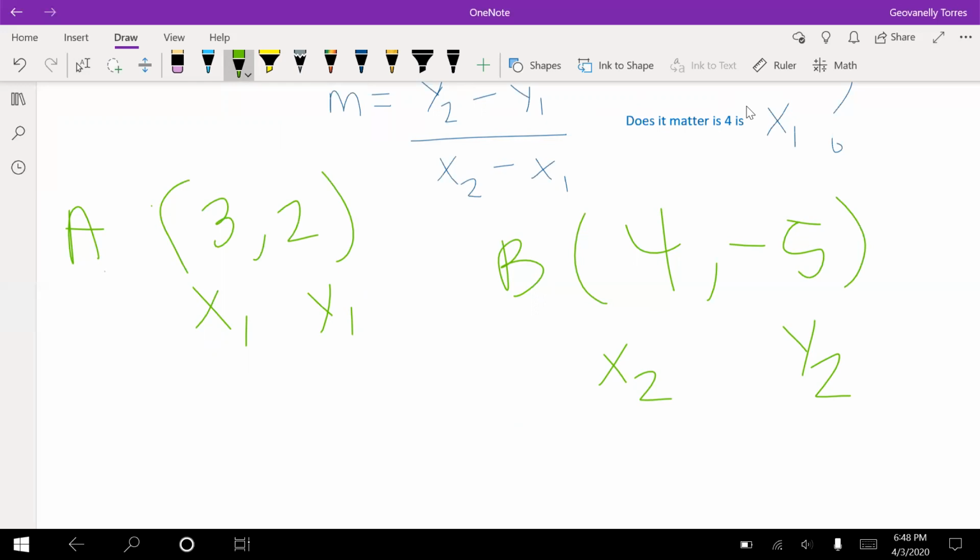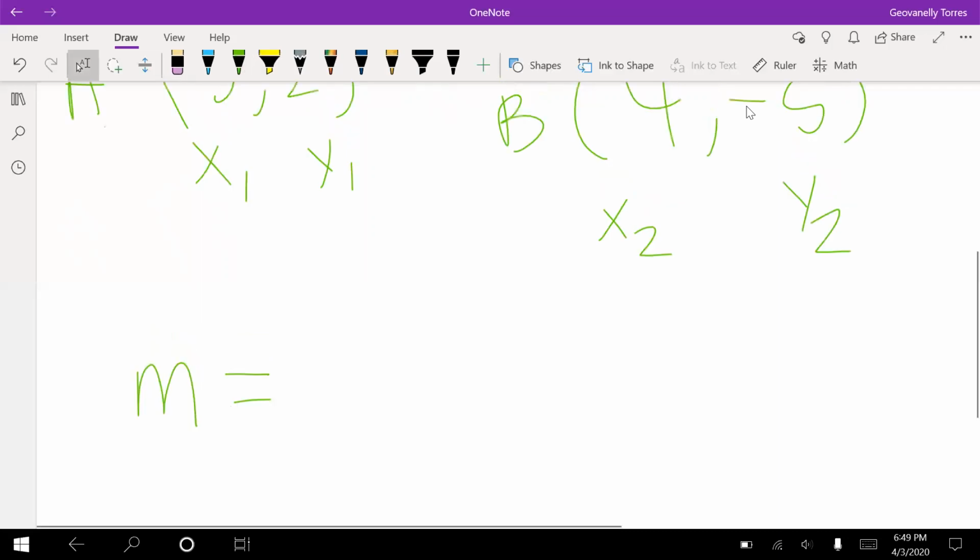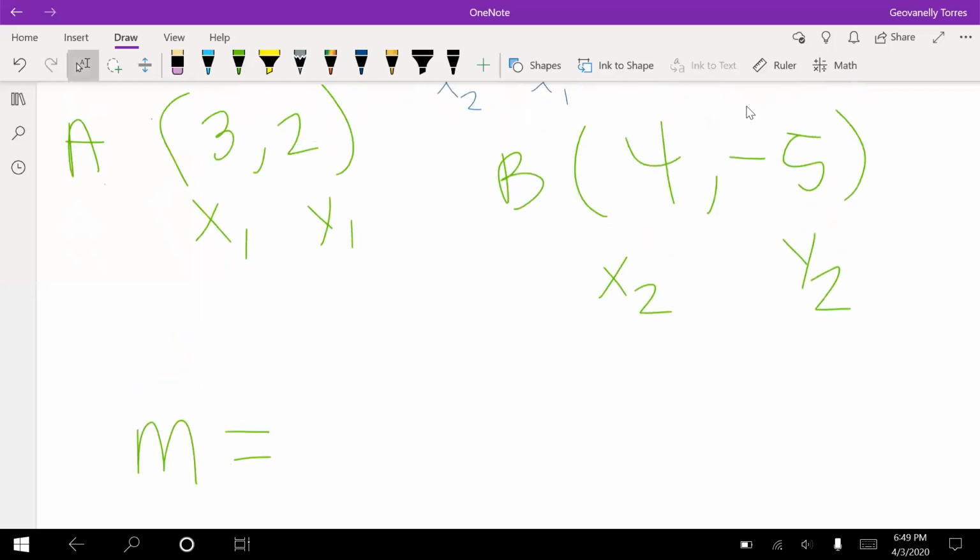So now all we have to do is substitute the values into the formula we were given. Here, our formula states that it is y2, and our y2 is -5.